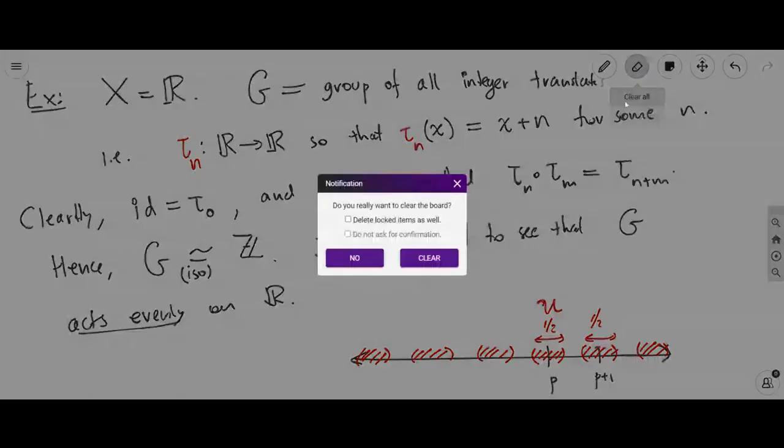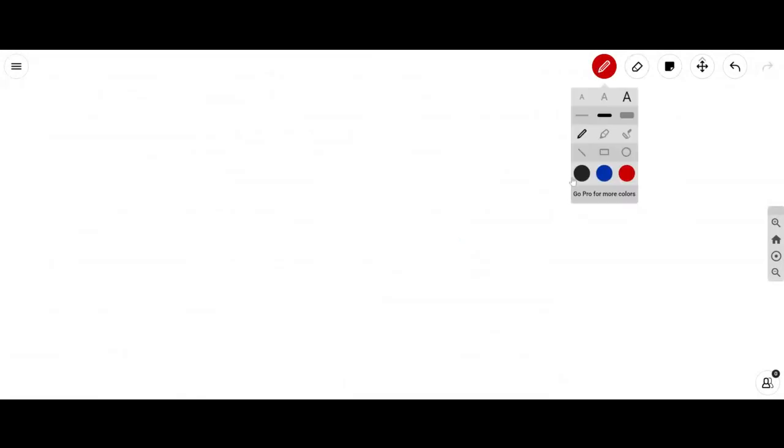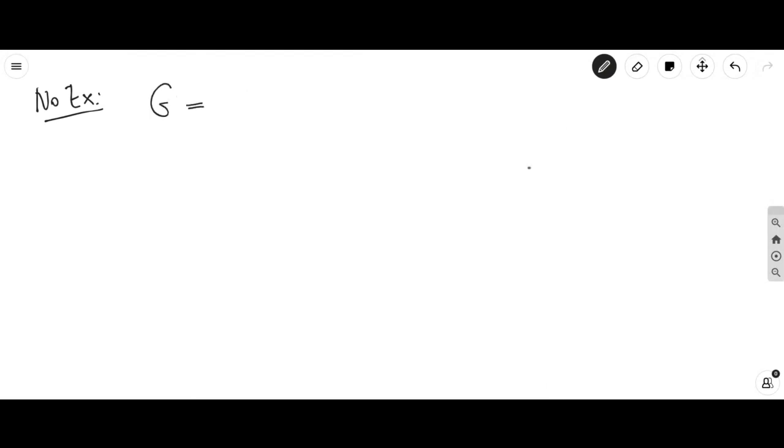Now let's give an example of something that does not act evenly. So we can call this a non-example. Let's suppose that G is the group of all translations. Not integer translations, but the group of all translations.